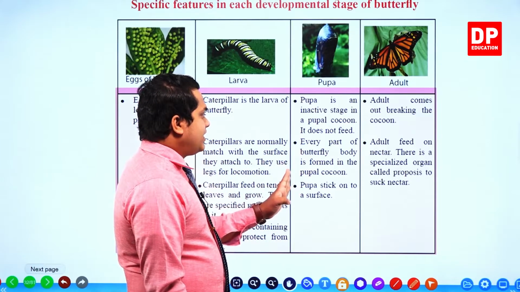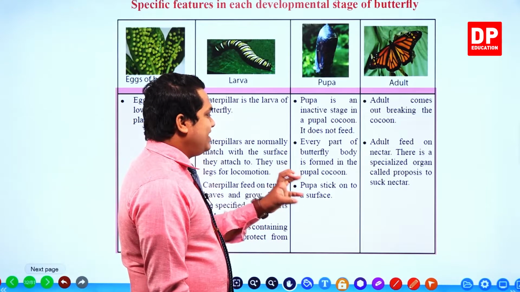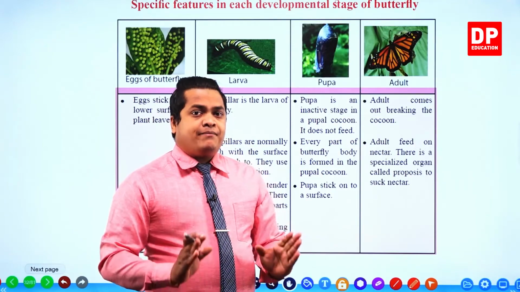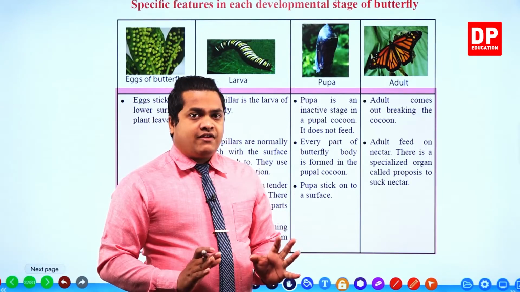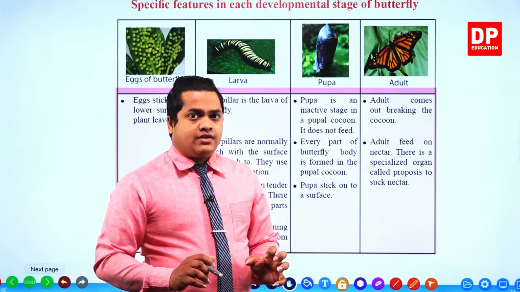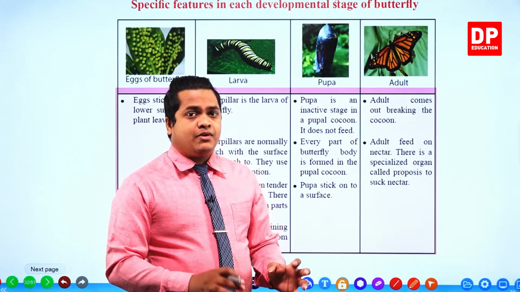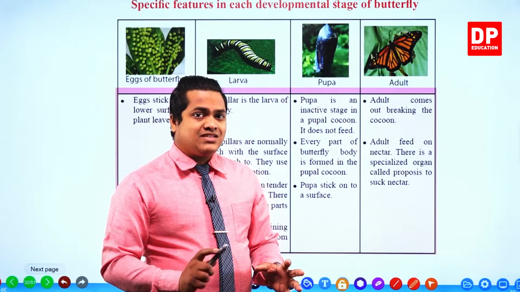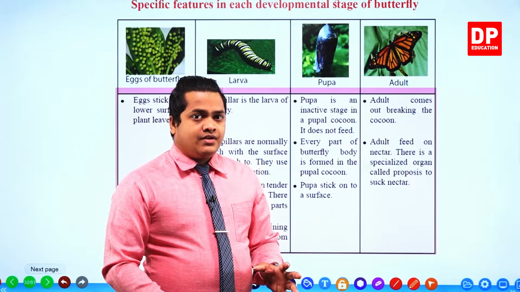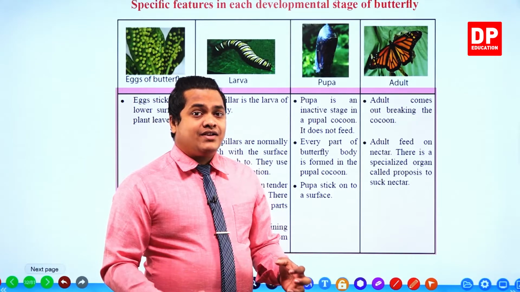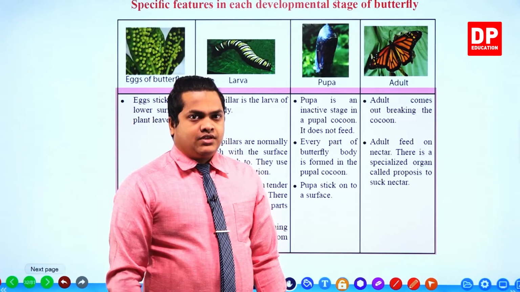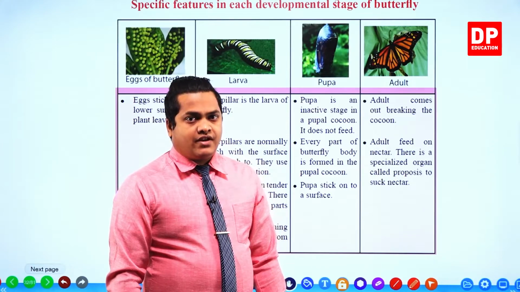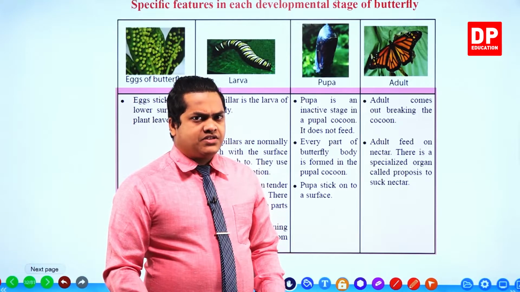Every part of the butterfly body is formed in the pupal cocoon. Now, every part of the adult butterfly is growing within the pupal cocoon, right? So the pupal cocoon is the structure that develops into an adult butterfly, not the larval stage.